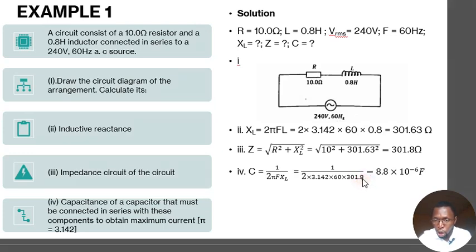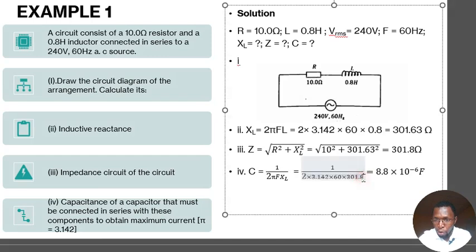So that's our capacitive reactance, and the final result for the capacitance is 8.8 times 10 to the power minus 6 farad. So that's it. We've been able to solve question 1 successfully.